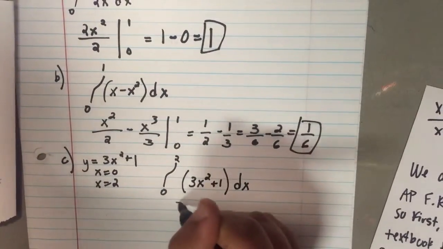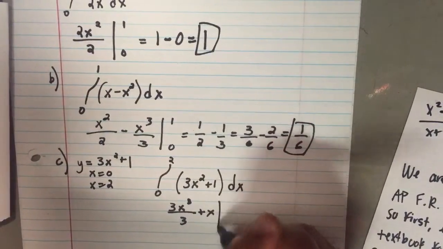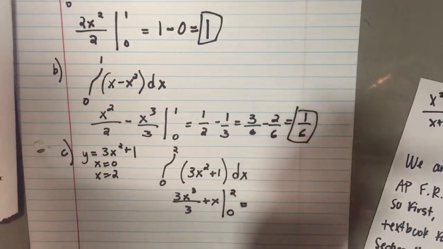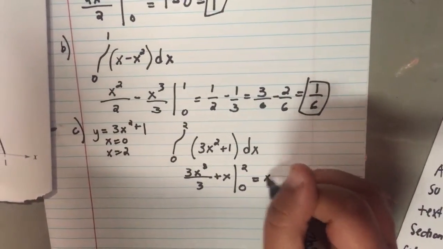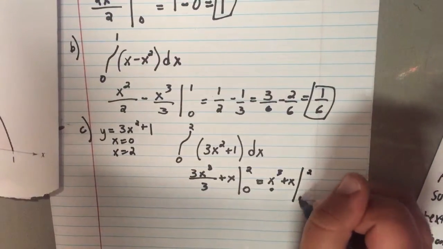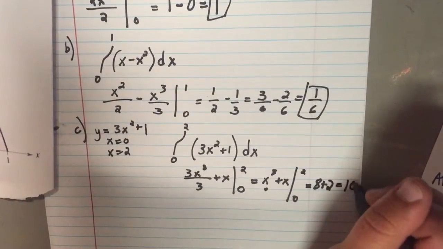So the integration would be 3x cubed over 3 plus x evaluated at 2 and 0. So then you would get simplified x cubed plus x evaluated at 2 over 0 equals 8 plus 2, which is just 10.